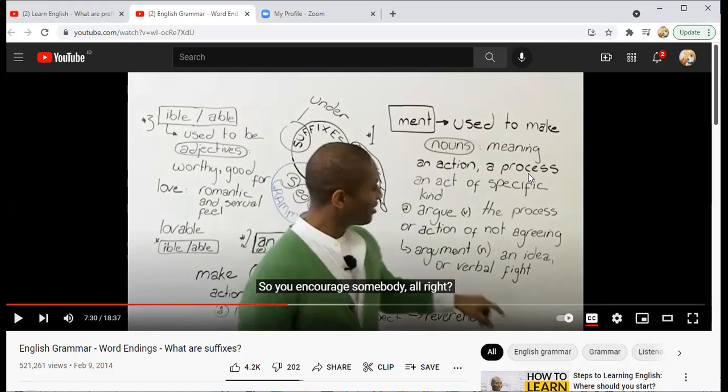Jadinya itu menyemangati, ya. Encourage is semangat. Encourage, mendorong. Encouragement, menyemangati. Begitu. The process, ya kan, kita kan giving encouragement to someone.